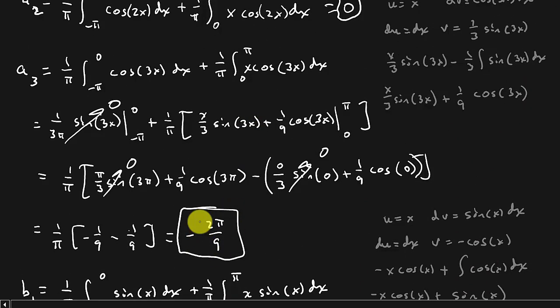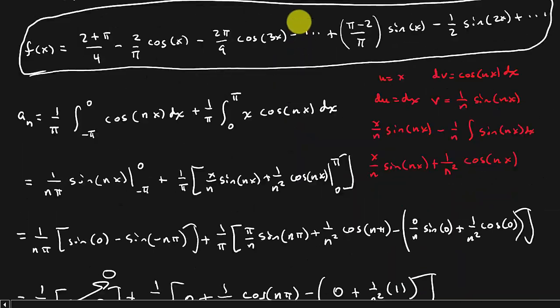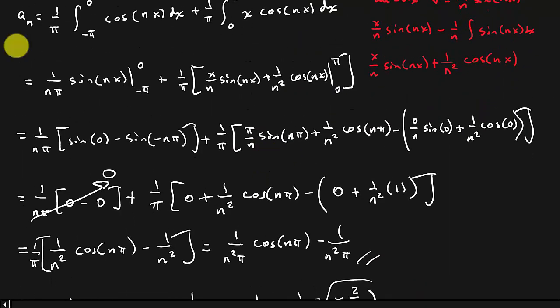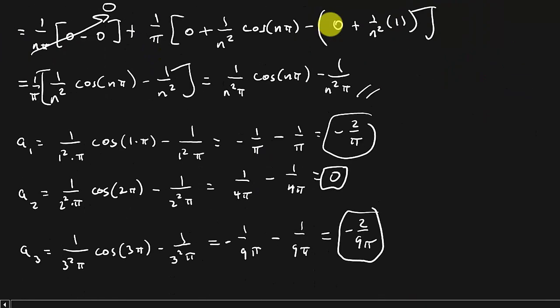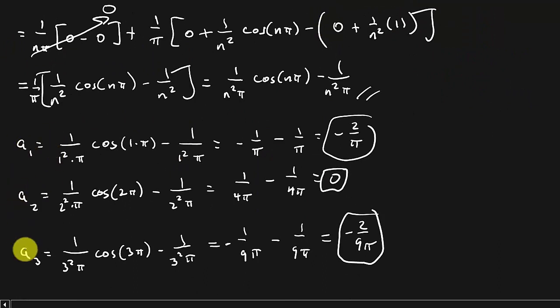Got the same thing. Okay? So when you're working these, yeah, you can find them all individually like that. But why would you want to do that? You don't. So find your a sub n, and then you can find your a1, a2, a3 pretty easy.